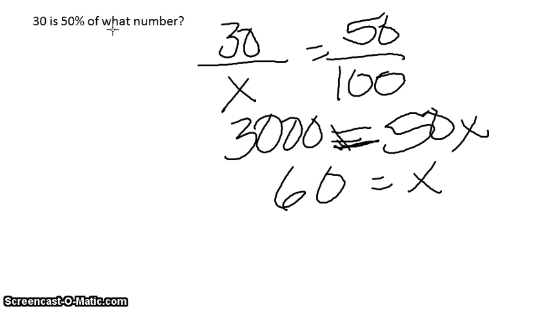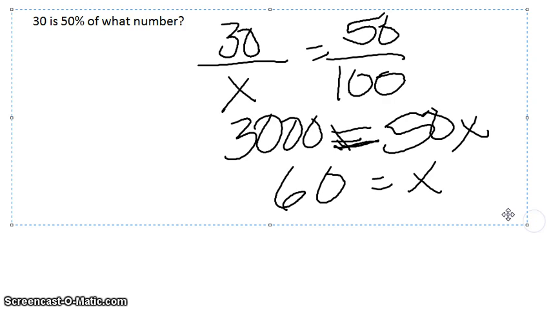And now, another type of problem you could see is 15 is what percent of 60? If you see something like that, again, the of is going to be in front of the whole usually.